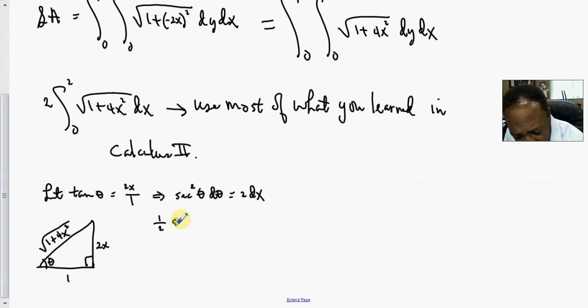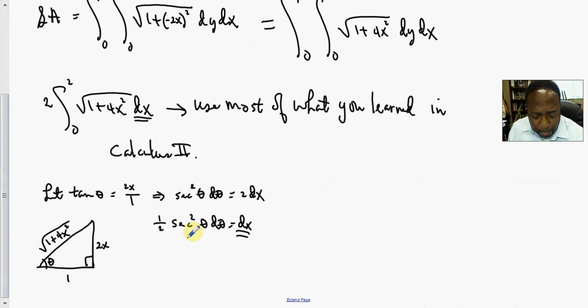So 1/2 secant squared theta d theta is dx. So we represent this dx with this trig substitution form.